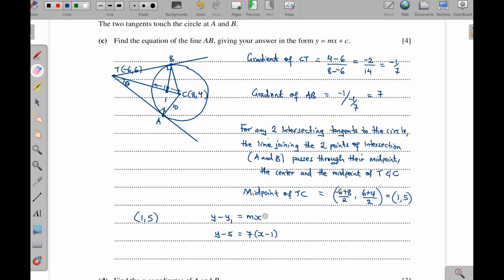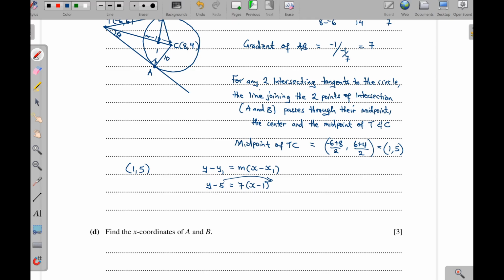This is very wrong. It is m into x minus x1. Pardon me there. Then you take this side, you will have y equal to 7x, then minus 7. But when this crosses, it becomes a plus. So our answer is going to be y equal to 7x, then minus 2.